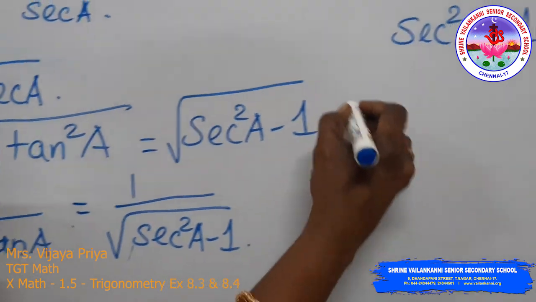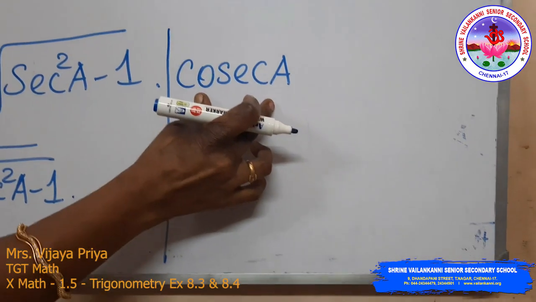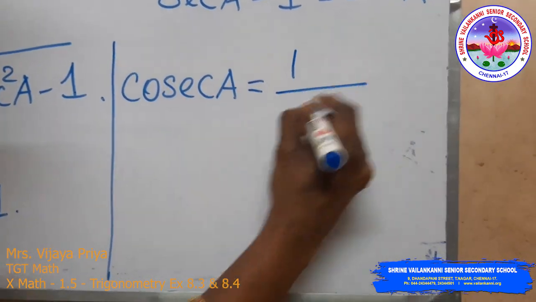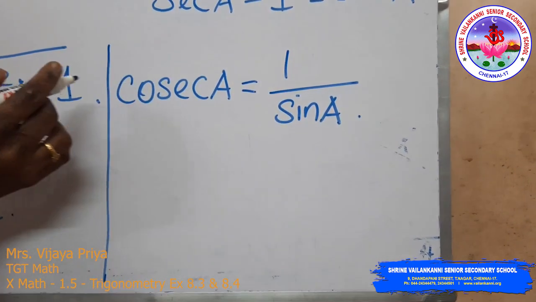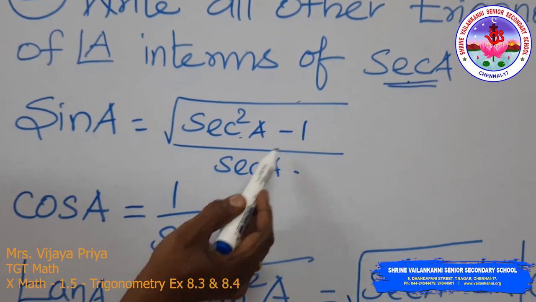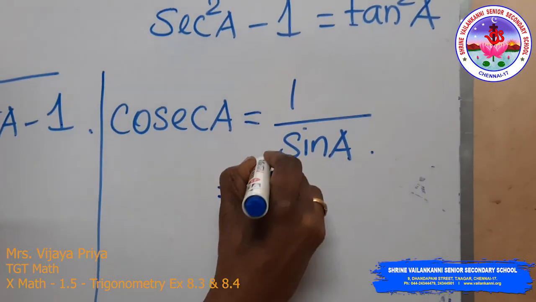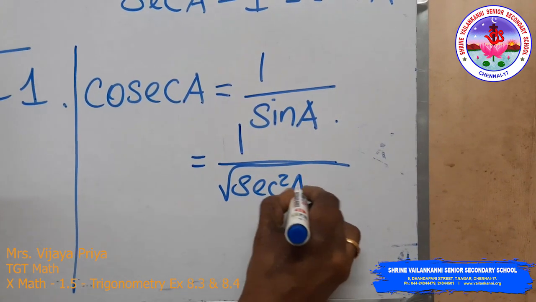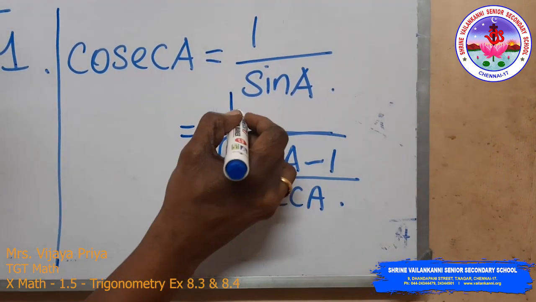Now the last one, cosecant A. Cosecant A has to be represented in terms of secant A. Cosecant A is equal to the reciprocal of sin A. Sin A, I got as square root of secant squared A minus 1 by secant A. Substituting the value of sin A here, I will get 1 by square root of secant squared A minus 1 by secant A, where secant A goes to the numerator.